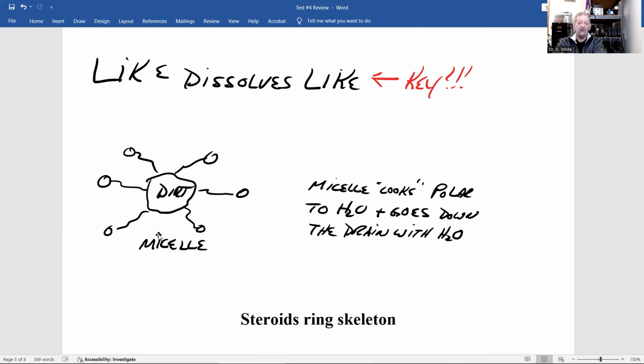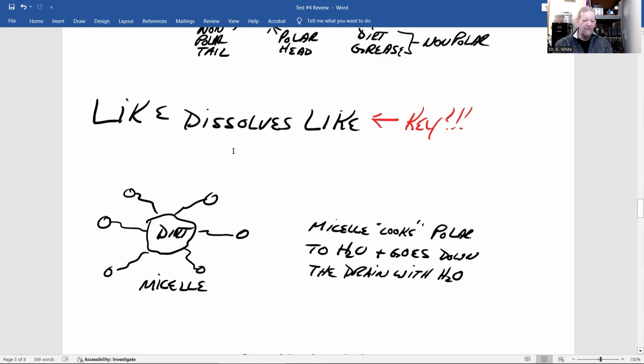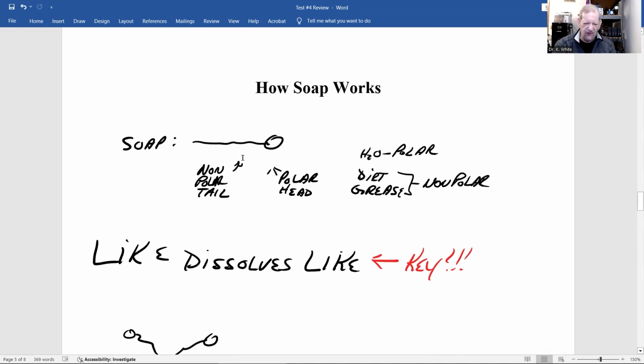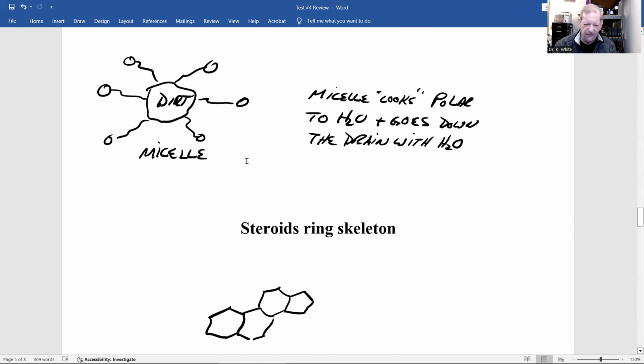And the micelle looks polar to water, and water says to the micelle, I'm polar, you're polar, like dissolves like, let's go down the drain together. And they do. And that's how I got my hands clean. Or if you washed your hair, your clothes, your dishes, took a shower, whatever, a bath, that's how it works. Liquid or bar soap both have this general structure, and you should know this.